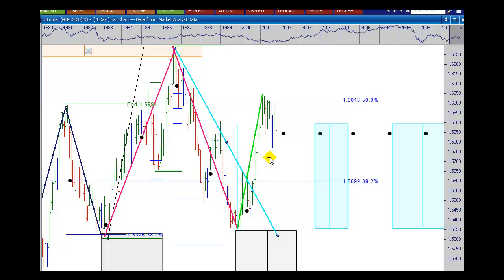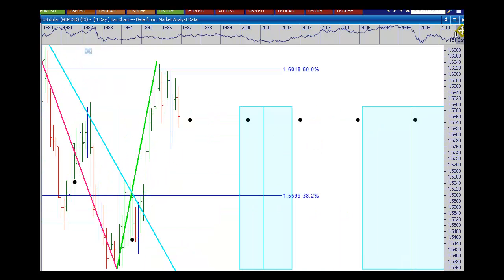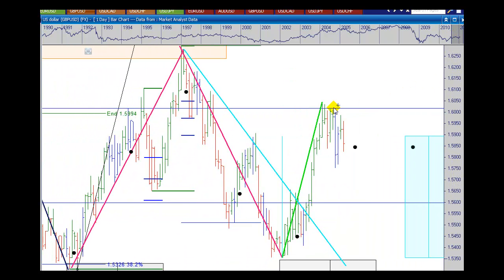It's broken up and through that, and what has happened now, I'll zoom in a little bit closer, is that the market fell down and rallied back up. We actually got in a long position here because this was making an opportunity space. When you're looking at swing charts, the market made a swing high here, a swing low.